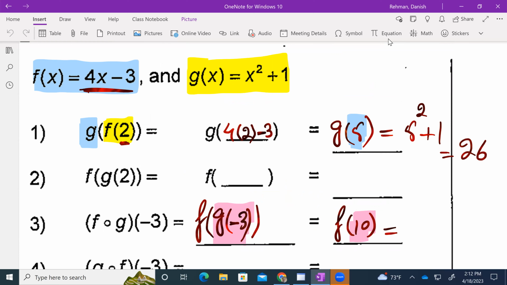Because we have the f of 10 now, and blue is the f of x. I will replace the x with a 10 now. Oh no, hold on. Now we have the f of 10. That means 4 times 10 minus 3, and that's going to be a 37.